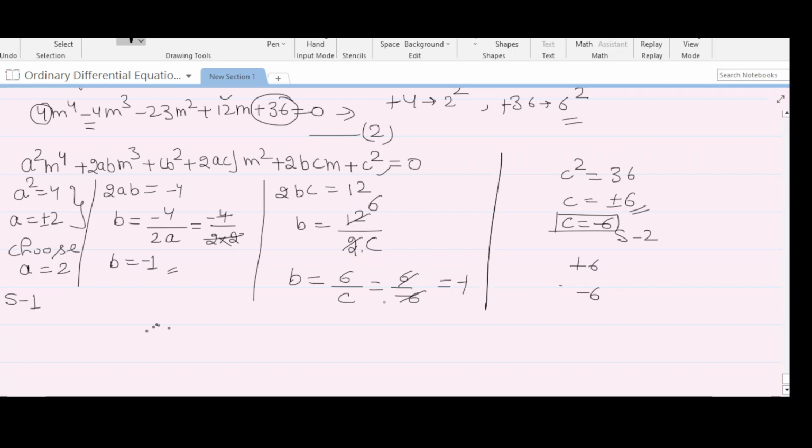Okay, so here we have the values of a, b, c: a equal to 2, b equal to minus 1, and c equal to minus 6, right?